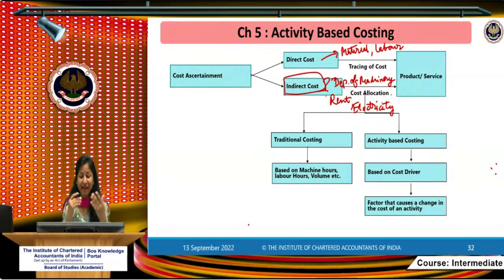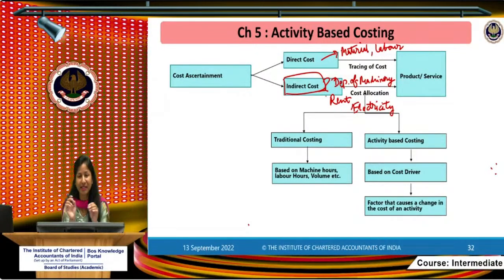But why are we discussing the difference between direct and indirect cost? Here comes the difference. In traditional costing, we used to allocate the indirect cost on a particular basis, maybe like number of units. Say there are two kinds of products you are manufacturing, product A and product B. Product A has 6,000 units, product B has 4,000 units.